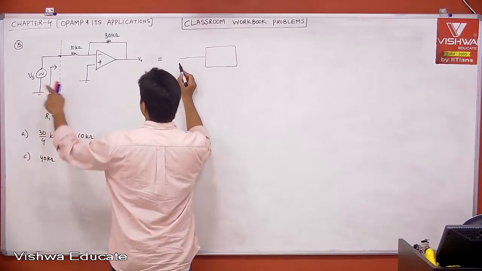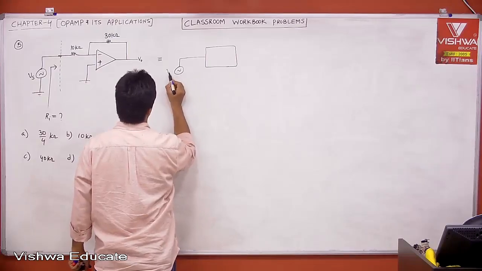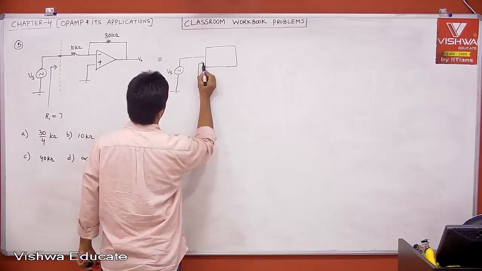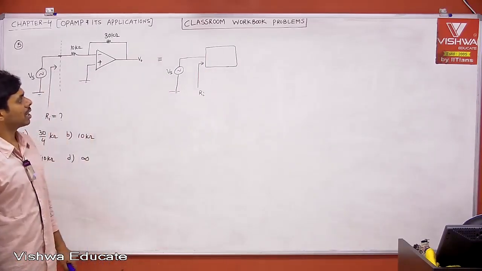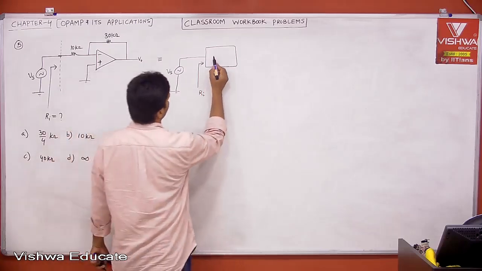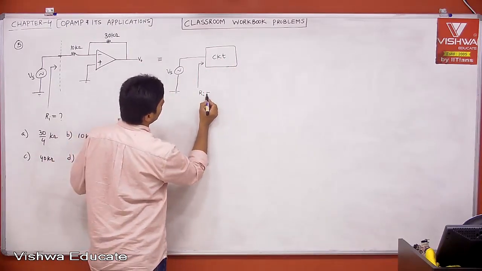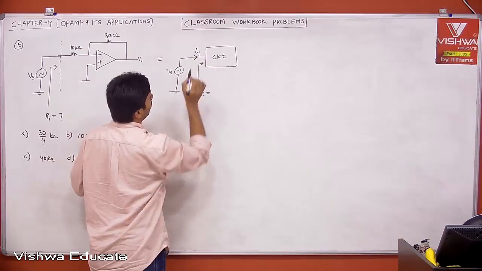Then let us say Vs is applied. This is your Vs. Now we want to know what is the input impedance seen. What do you want to find? Ri. What is Ri? According to the definition, this is some block or some circuit. Let us say the current entering into your amplifier is I1.